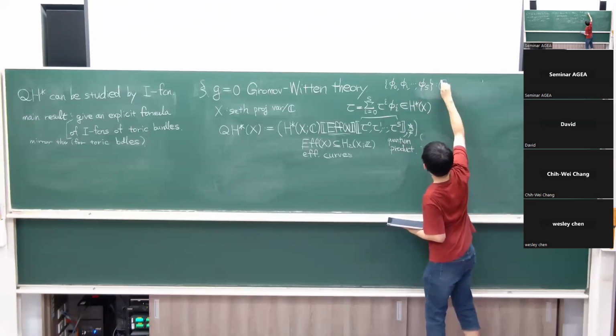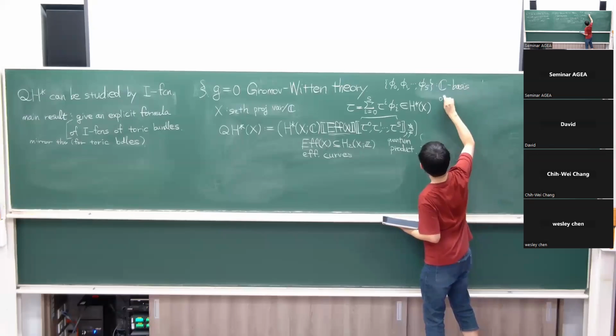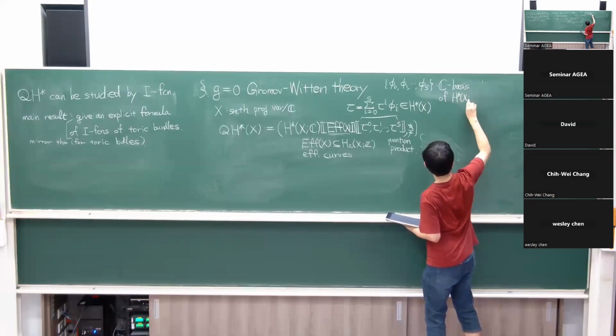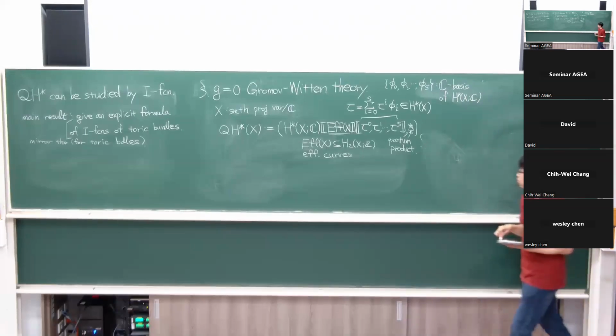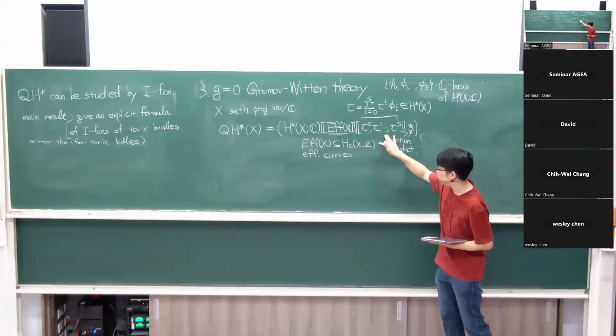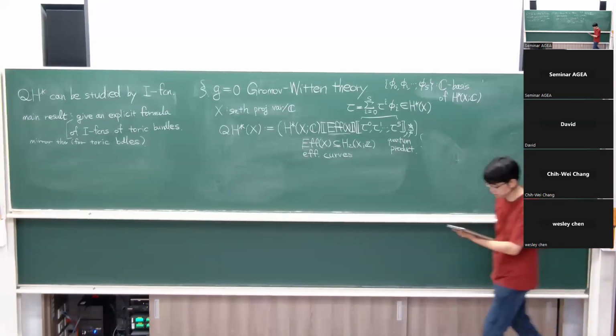These are C bases. So roughly speaking, tau corresponds to a parameter of deformation of cohomology.